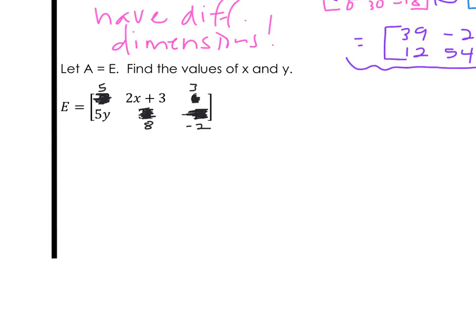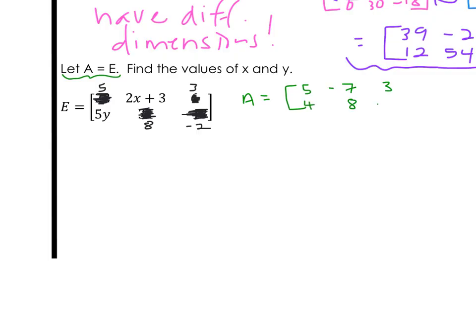All right, so from there, the directions say let A equal E. And what this means for us is that the two matrices would have equal elements. I'm going to use matrix A from up above, and that was another 2 by 3 matrix. That was 5, negative 7, 3, and then in row 2, 4, 8, and negative 2.